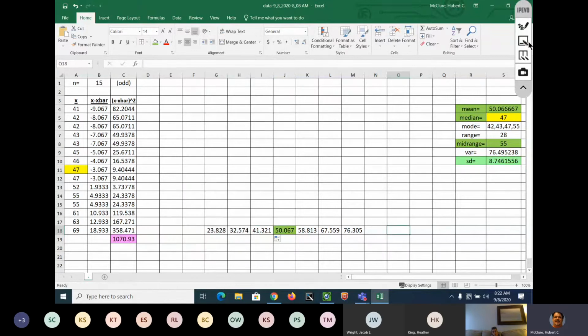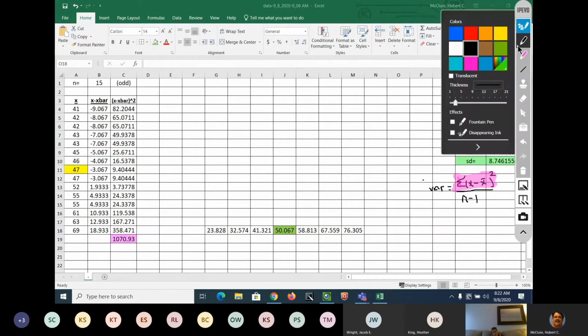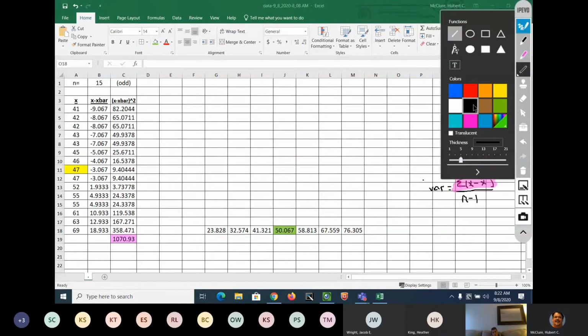And there, turn on our handy dandy whiteboard. I'm going to try to draw a line here. Hold on a second. Where's my tools? I got to find my tools. There we go. On a straight line. There's my straight line. Now I'm going to try to do this. Don't laugh at me.